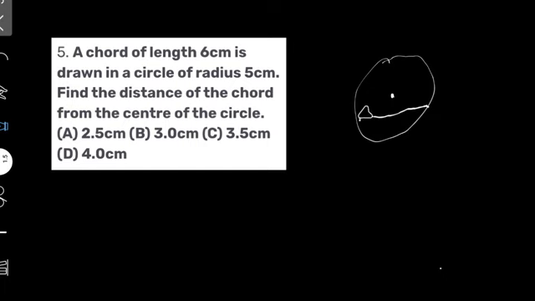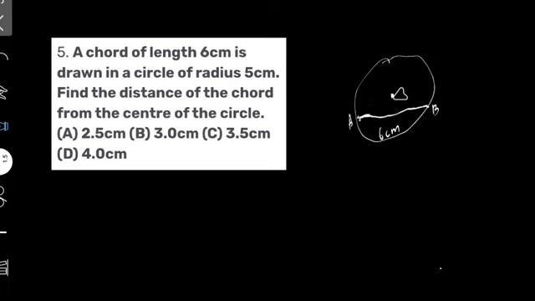Let me call this place A and this place B. From here to here is the full length of the chord, which is 6 cm. This chord is drawn in a circle of radius 5 cm.